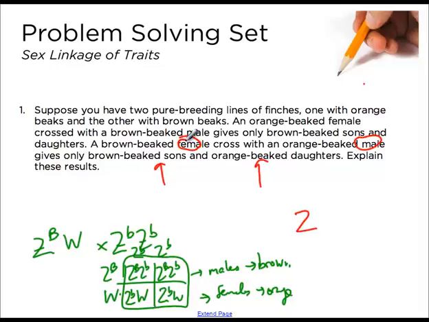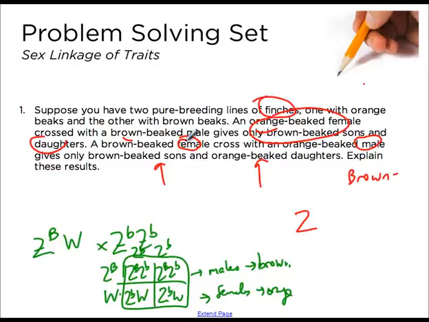So we're saying that our gene of interest is on the Z chromosome. Of course, if you don't get the ZW part, that's why I mentioned, if you don't know that finches are birds, that's going to be a problem. But in the other cross, when you see a situation when you got orange and brown and you're crossing them and all the offspring are brown, that's a very good idea that brown is dominant right there.